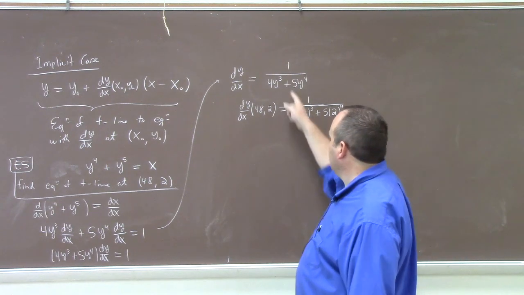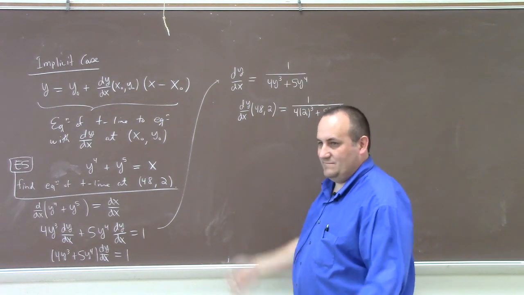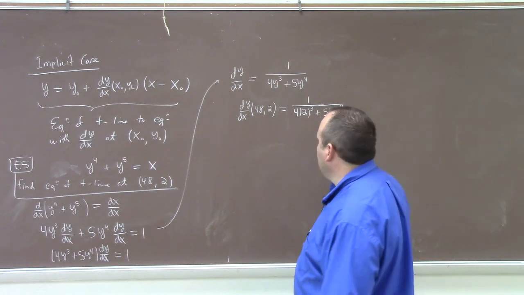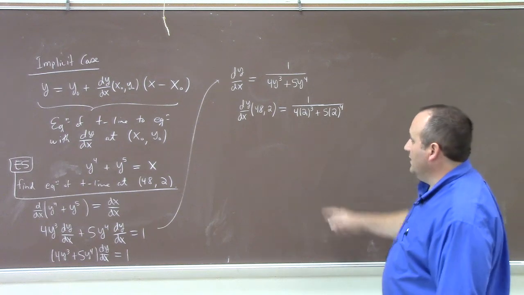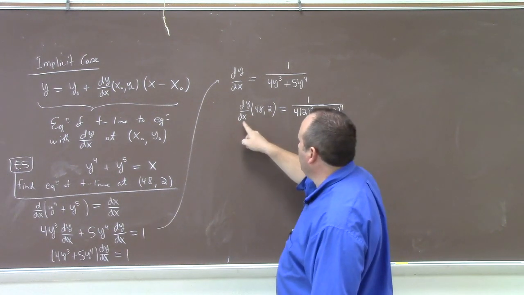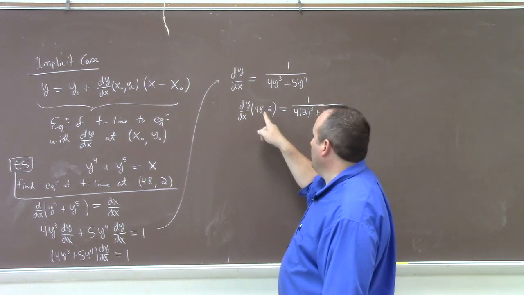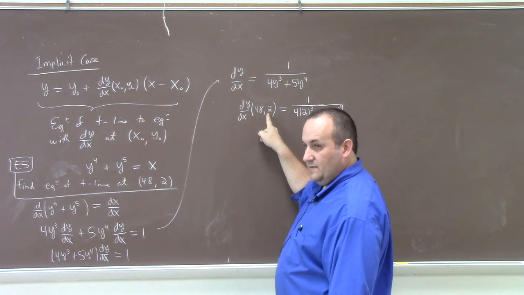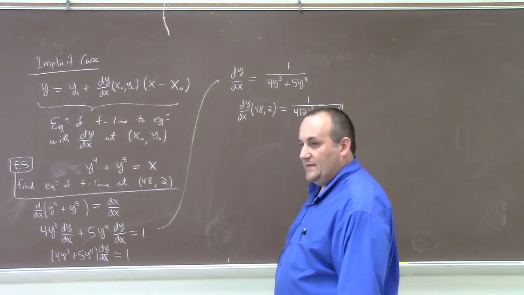But here, there's no x in the formula. So you don't do anything with 48. When I write this, I mean take the formula for dy dx and put x equal to 48 and y equal to 2, but there's no x, so nothing happens with it.